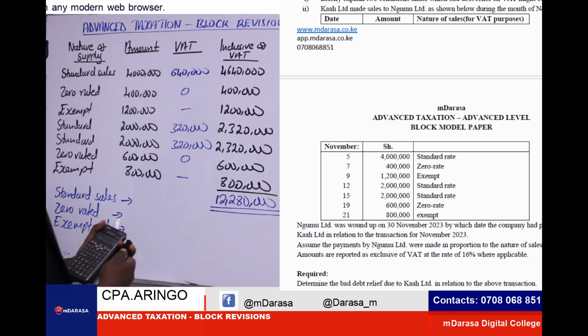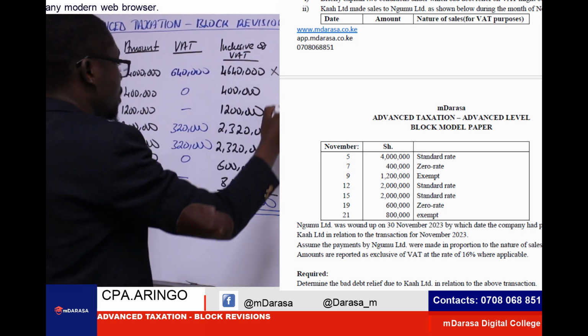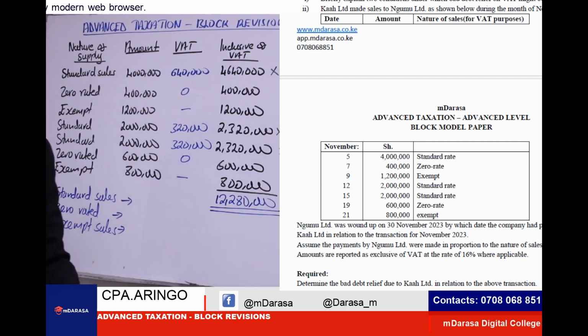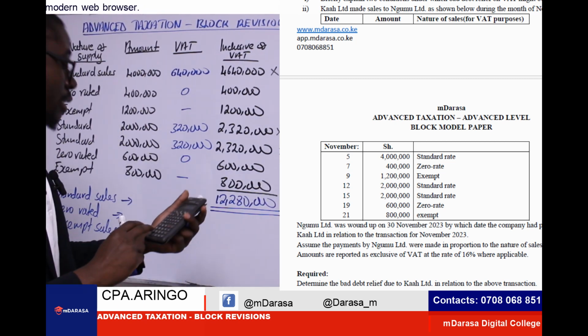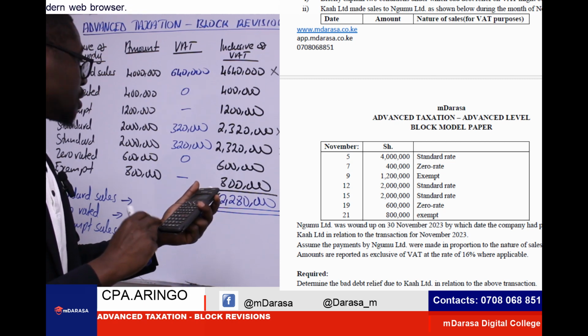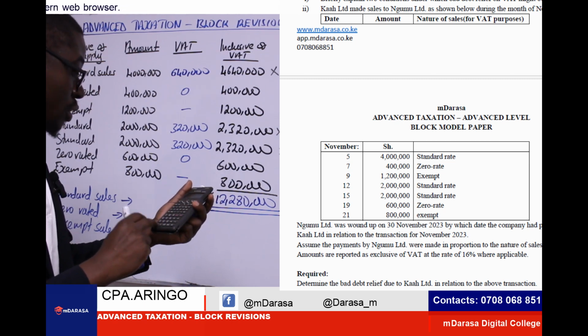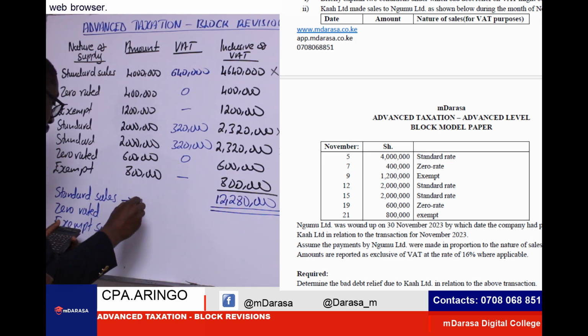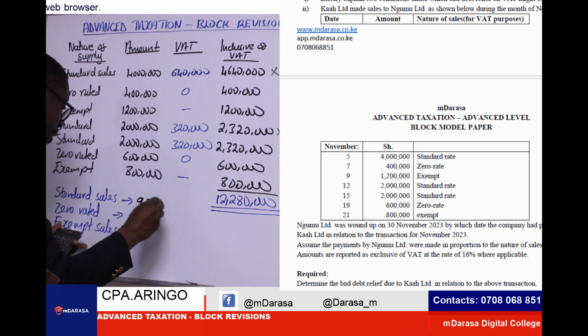For standard, we have this and this, which will give us a total of 4,640 plus 2,320 plus 2,320. So total standard is giving us 9,280,000.